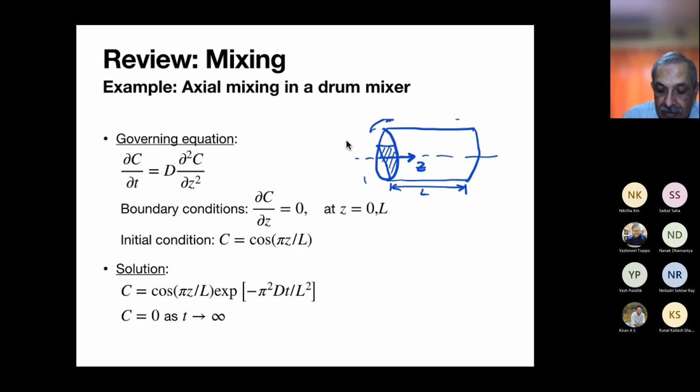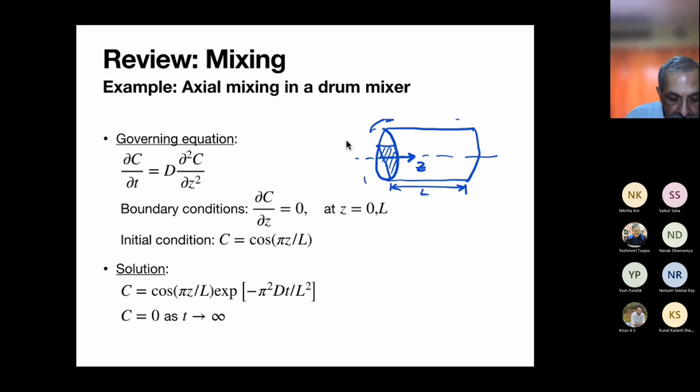These ends are Z equal to 0 and Z equal to L, where L is the length of the cylinder. And as a simple case, we had taken the concentration initially to be just given by cos of pi Z by L. And for this, we found that the solution is given by this.